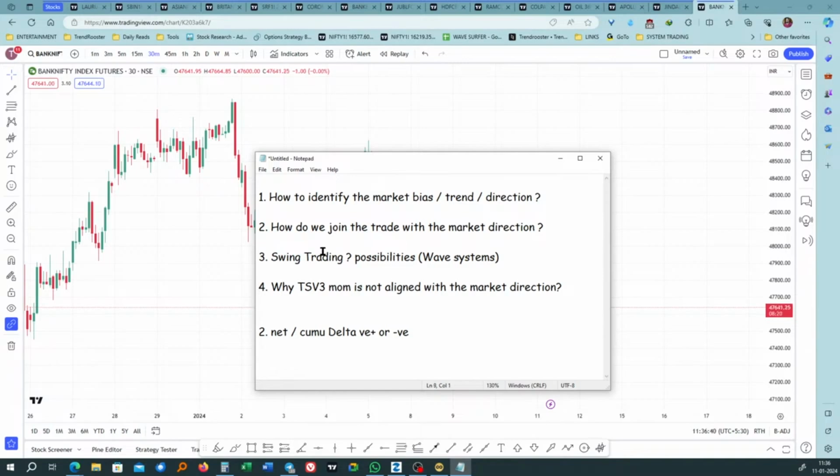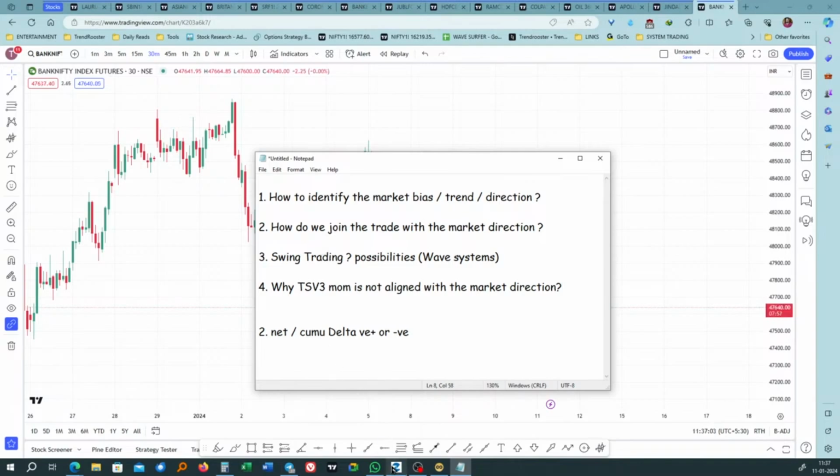Have you checked this out? Why is TSV3 mom not aligned with the market direction, or when the market goes higher and higher, suddenly TSV3 mom is getting red? Have you had this question before?